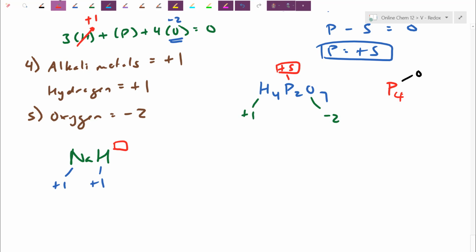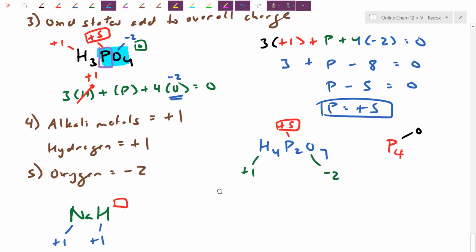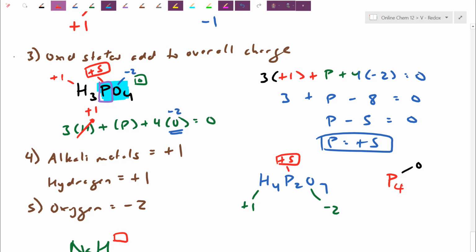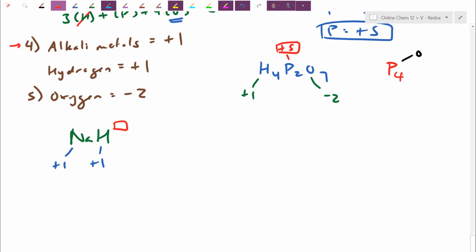So what I'm going to do, as I listed these rules here in order, is this: rule number 3, sodium plus hydrogen is supposed to give you the overall charge, but rule 4, the hydrogen rule here, ends up disobeying an earlier rule. I'm going to keep the earlier rule, and I'm going to change the later rule. So whatever sodium has plus whatever hydrogen has has to give 0.